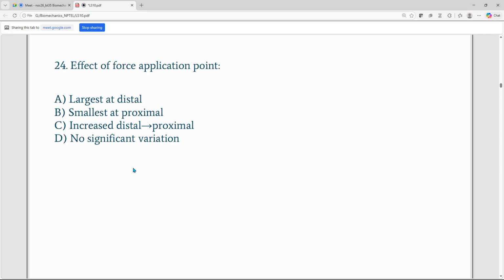Option B, the EE was smallest when the force was applied at the proximal interphalangeal joint. Option C, the enslavement effect increased as the force application point moved from distal to proximal. Option D, the enslavement effect did not vary significantly with the change in force application points.